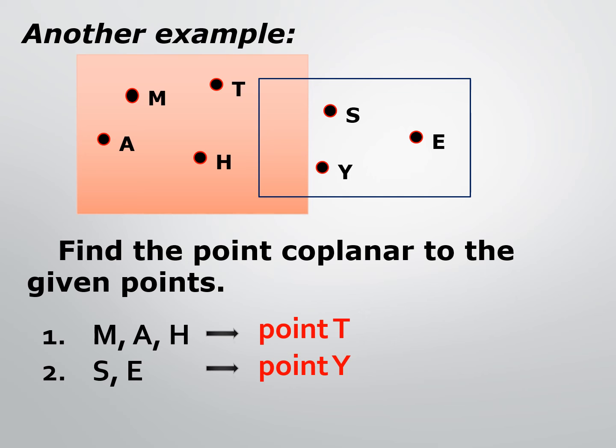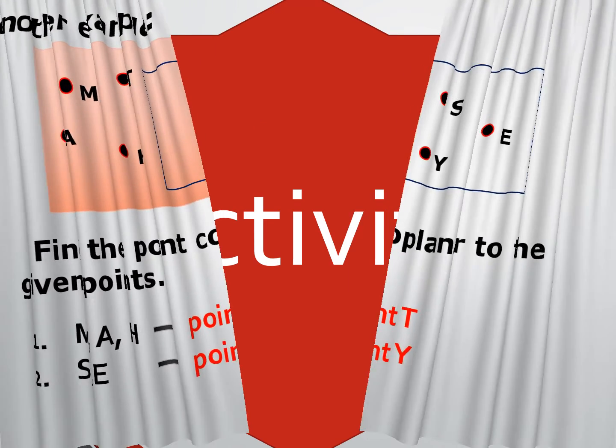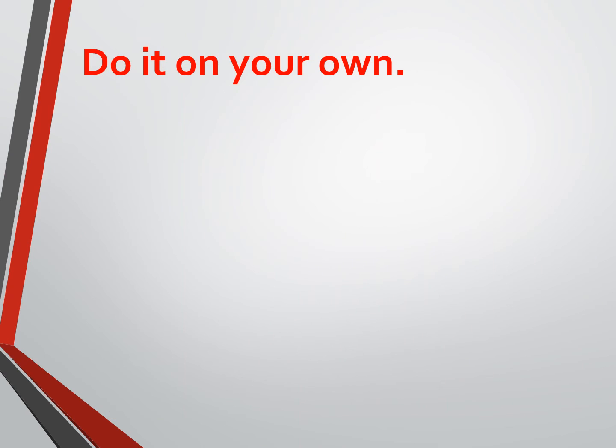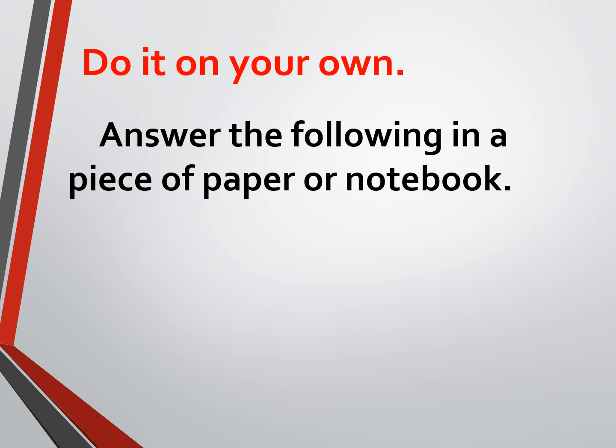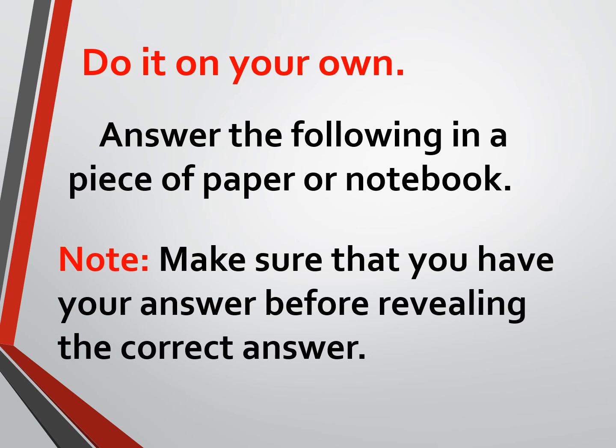So if that is the case, let's have this activity. Do it on your own. Answer the following in a piece of paper or notebook. You may try it at home. Make sure that you have your answer before revealing the correct answer.